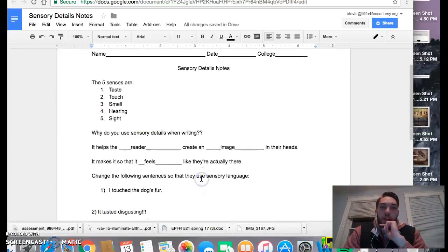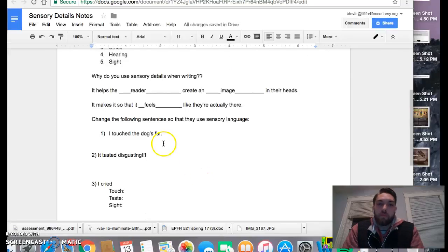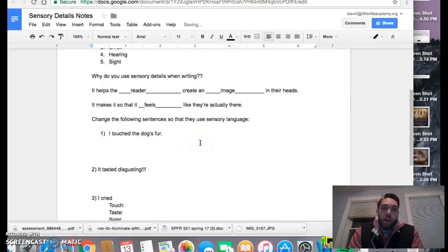So you're going to get some practice with using sensory details. Instead of saying something like, I touched the dog's fur, how could you add in more sensory details? You could say things like, I felt the rough bristles of hair on my hand.